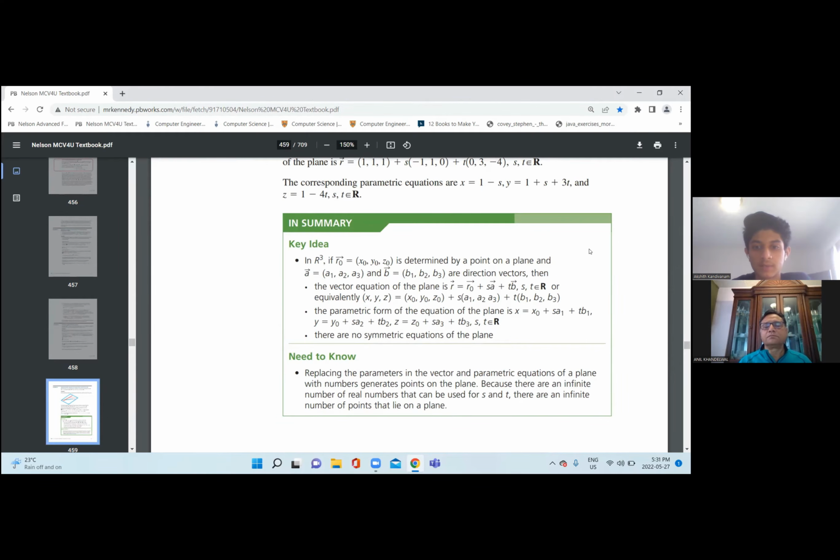The parametric form of the equation of the plane is x equals x0 plus sA1 plus tB1, y equals y0 plus sA2 plus tB2, and z equals z0 plus sA3 plus tB3, where s and t are elements of the real numbers, and there is no symmetric equation of the plane. Correct.